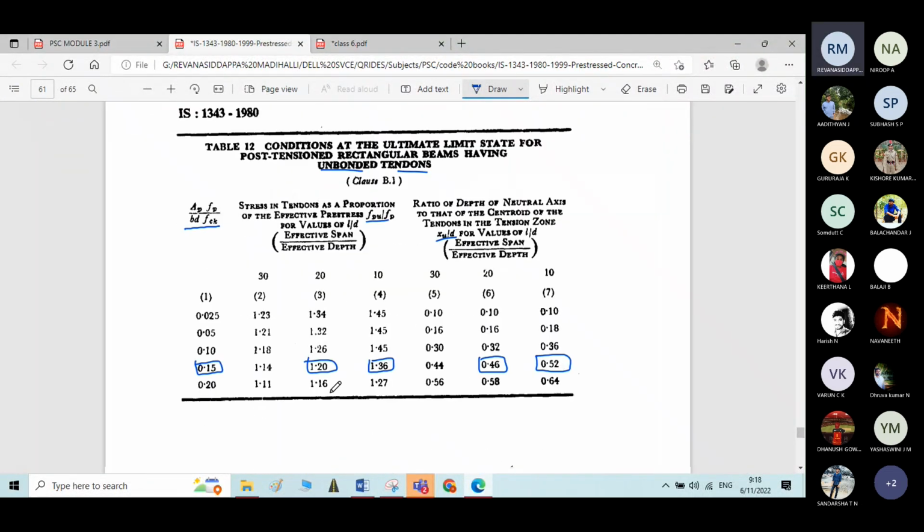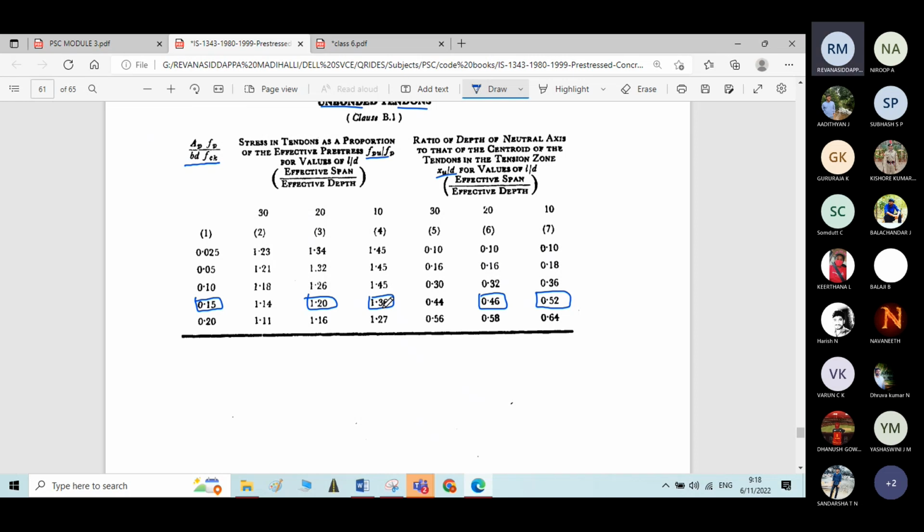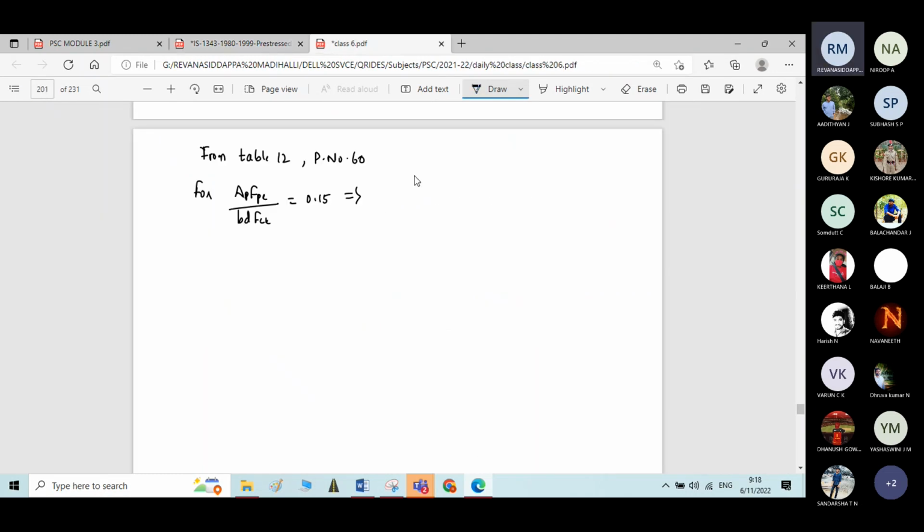Now you pick up these two values. For L by D is equal to 10, the FPU by AP value is 1.36. For L by D ratio equal to 20, FPU by AP is equal to 1.20. Let me write the same thing here.